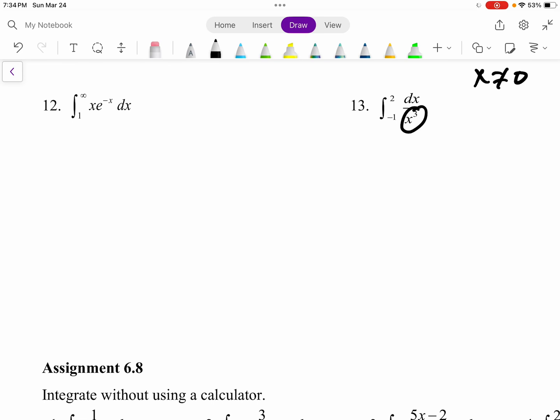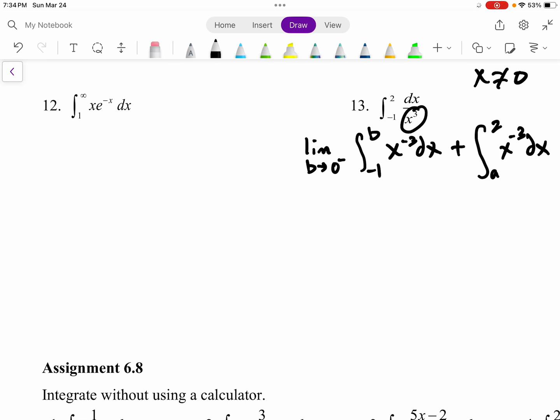So what I do is I take the limit as b approaches 0 from the negative side, and I'll show you why in just a second, of the definite integral from -1 to b of x to the -3 dx, plus the definite integral from a to 2.